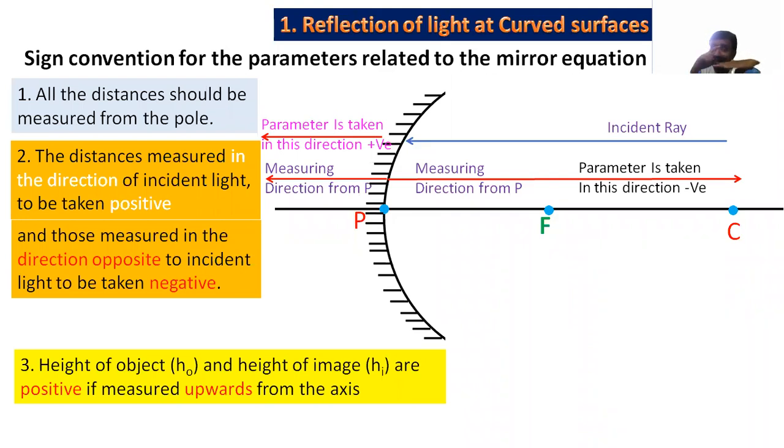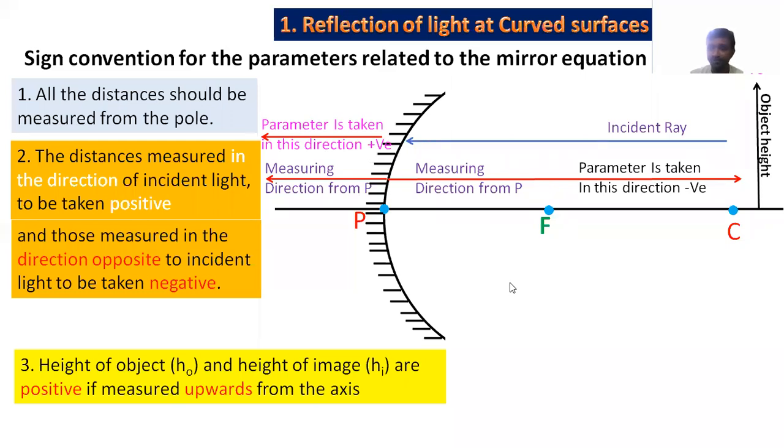If you measure above the principal axis, upward in direction, we will take it as the positive direction. So this arrow direction is shown above the principal axis. So you always place the object above the principal axis. That's why it is fixed, right? Okay, the object height is always positive because it is measured above the principal axis, right?